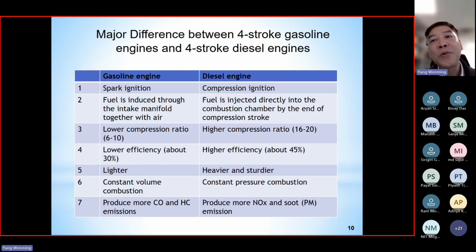And the fuel distribution is not uniform. In some regions, the fuel ratio can be greater than 1, but in some regions, the fuel ratio is very lean. So in the regions with rich fuel ratio conditions, they tend to produce more emissions, correct?